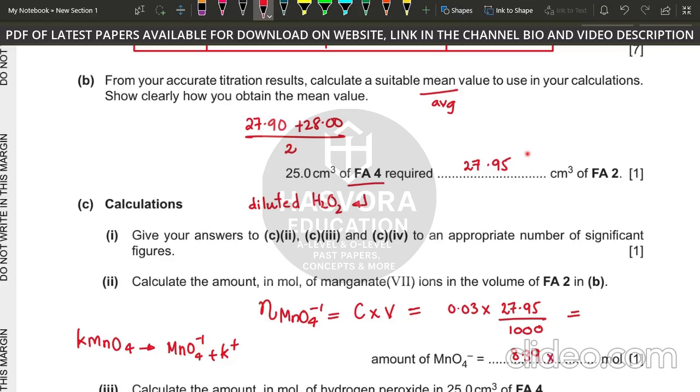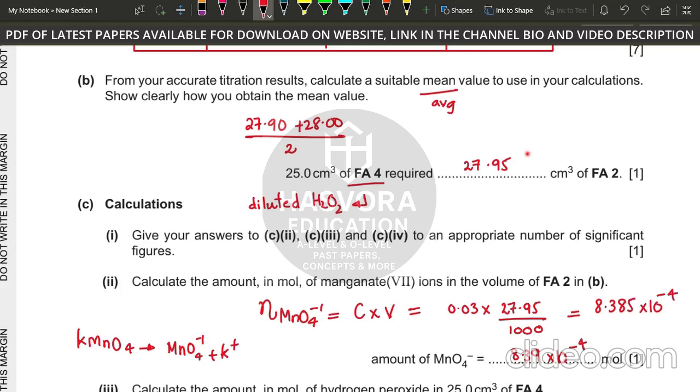8.39 into 10 power minus 4. Okay, it was actually 8.385, but I just wrote it to 3 significant figures.